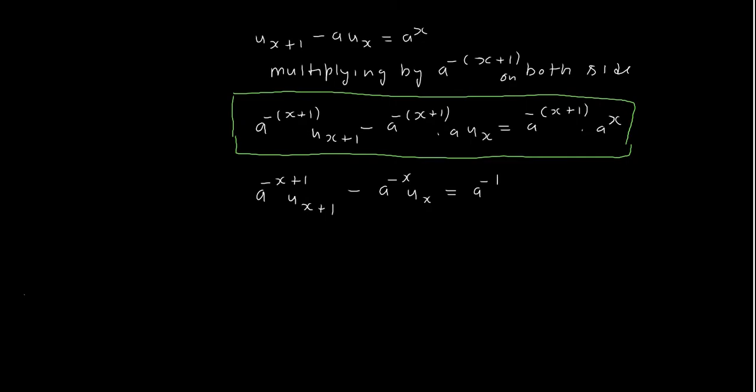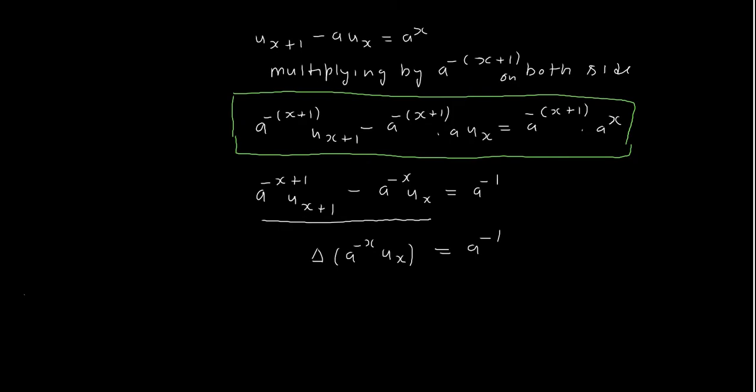So if we closely observe this expression, this can be written as what? The left hand side can be written as delta of a to power minus x u(x), meaning the forward difference of this function, a to power minus x u(x), equal a to power minus 1. How do we write this?